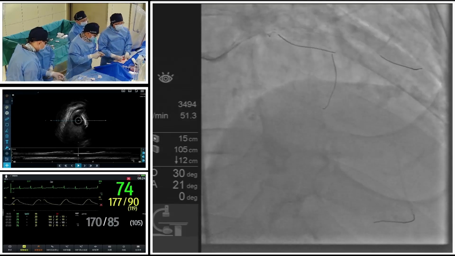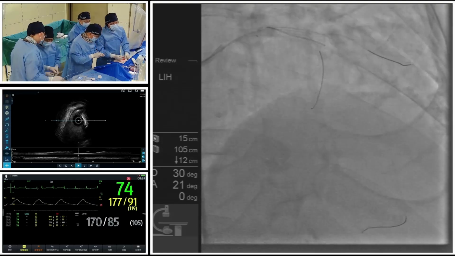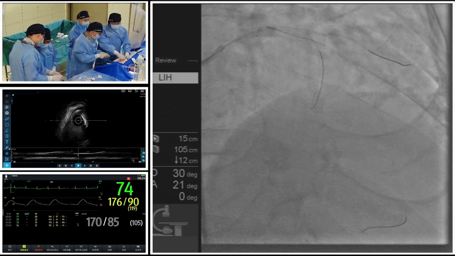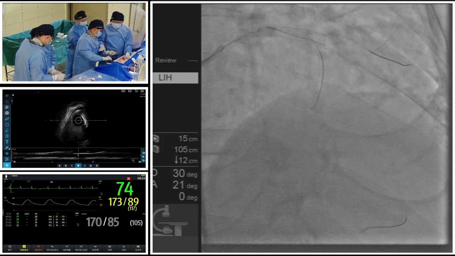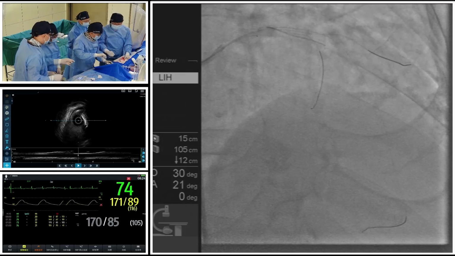I think this is the advantage of our system, that it gives you a very direct whole idea of the plaque distribution and also the severity of the disease.